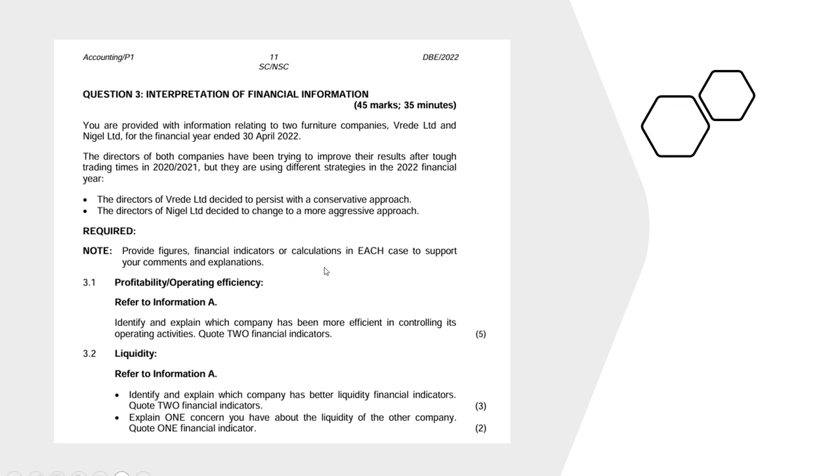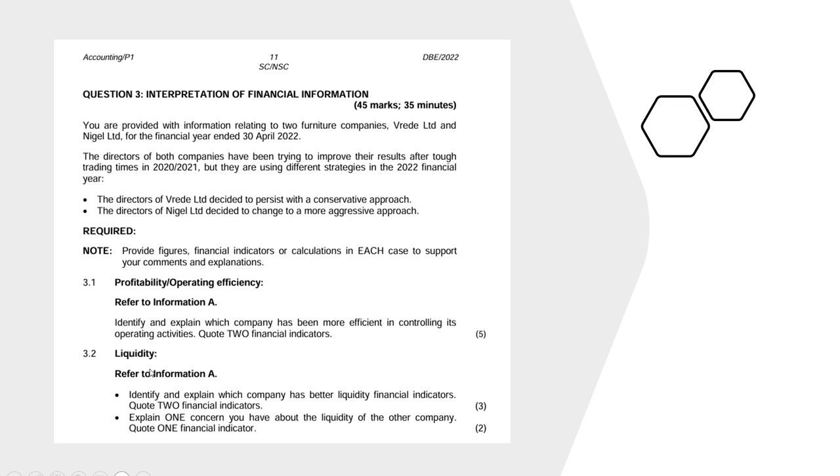Identify and explain which company has been more efficient in controlling its operating activity. You just needed to quote 2 financial indicators that outline the profitability and operating efficiency of the company. In this case, 2 companies were provided, and you need to select those ratios for those 2 companies and analyze which one is doing well or is more efficient.